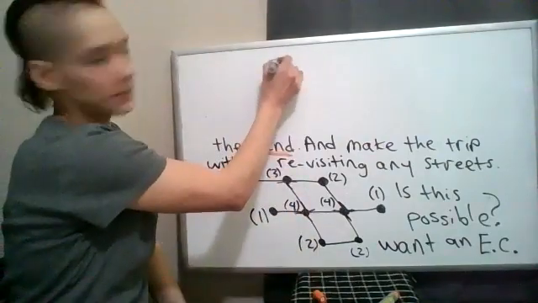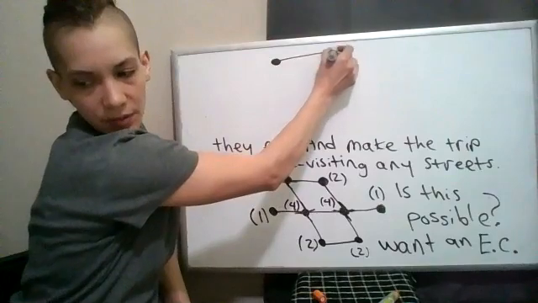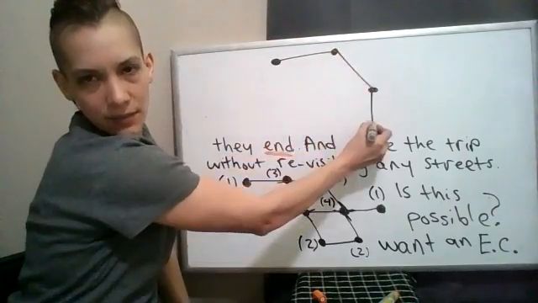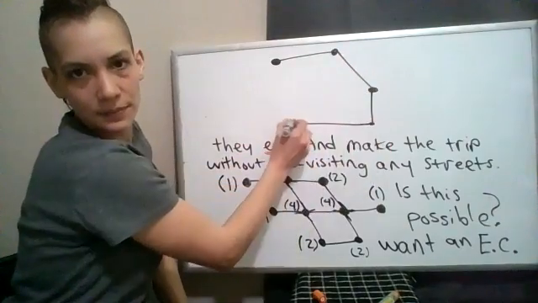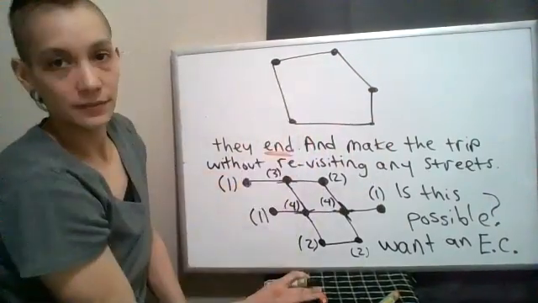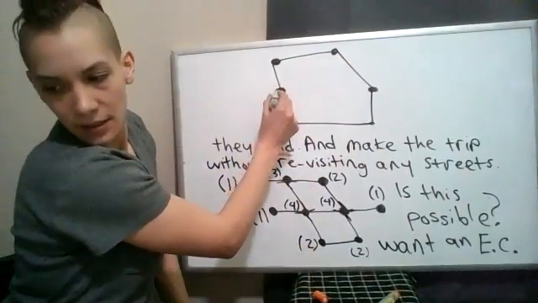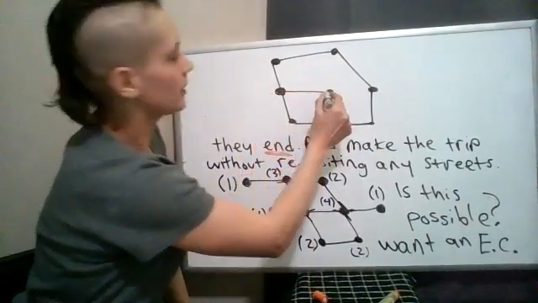We're going to kind of create a big hexagon shape. Oh, there's a vertex right in the middle of this. Here, over.